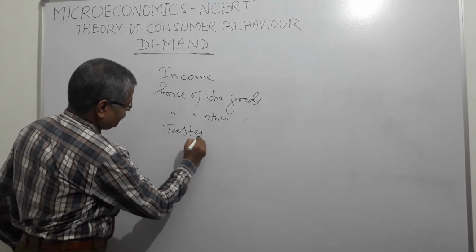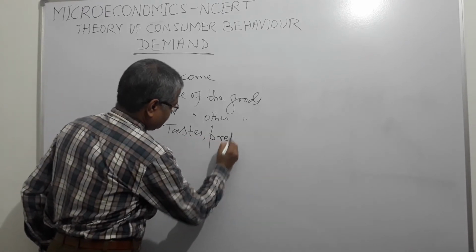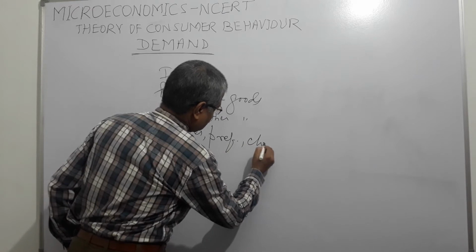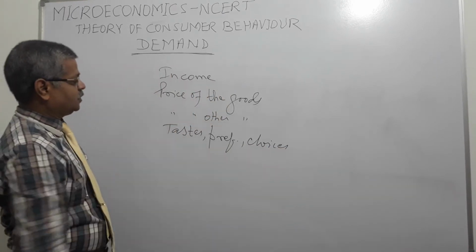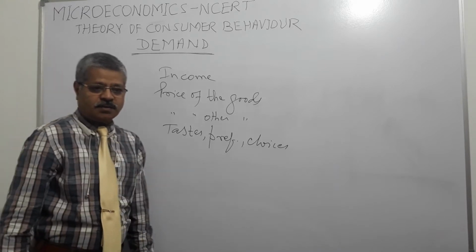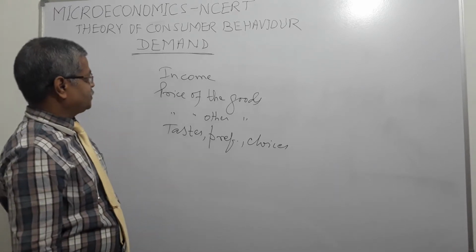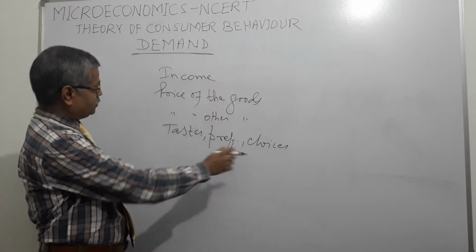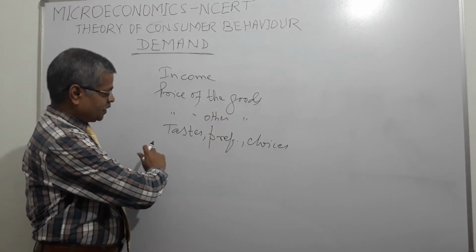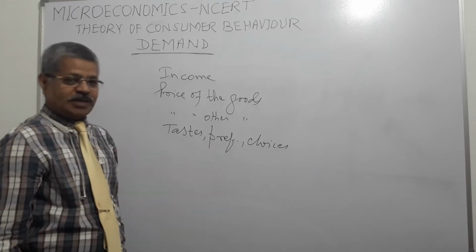Also tastes, preferences, and choices of the customer. These are the things on which the demand of a commodity depends: the consumer's income, the price of the goods in question, the price of other goods, and the consumer's tastes, preferences and choices.